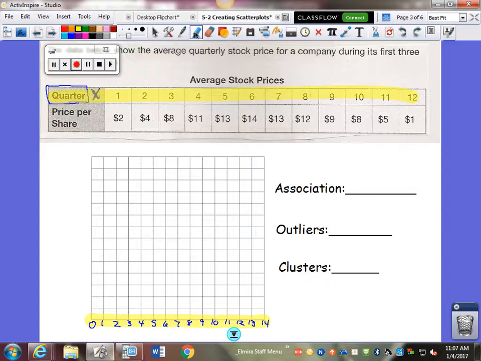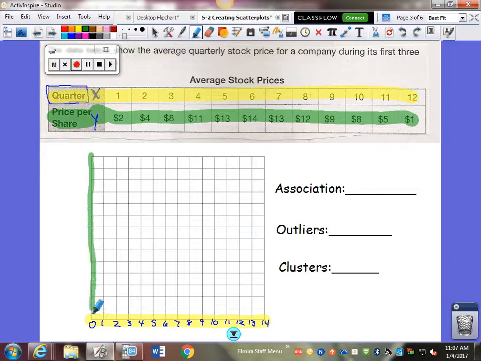My second row is the price per share of our stock. And that goes on our y-axis. And the highest number there is 14. So we can still easily count by 1s there.